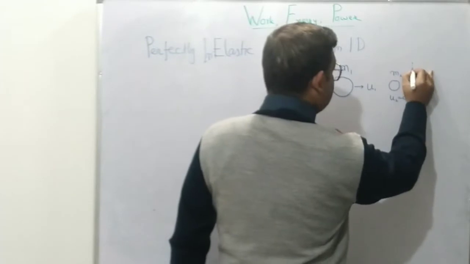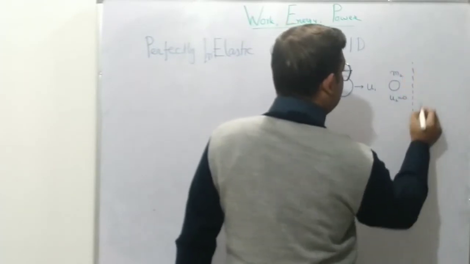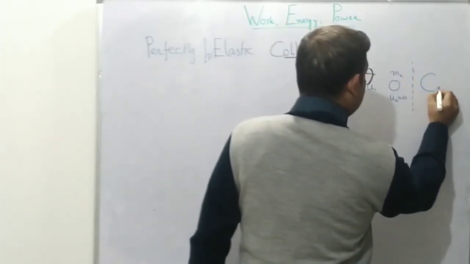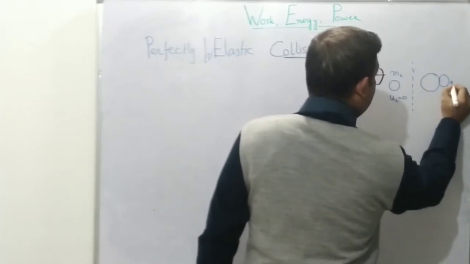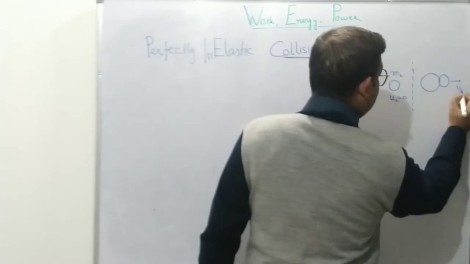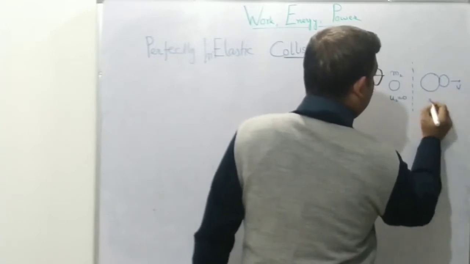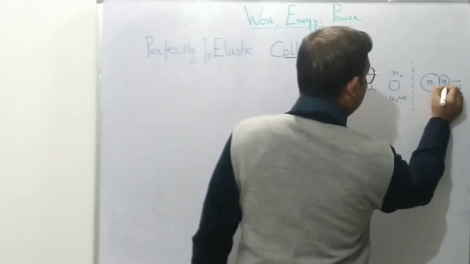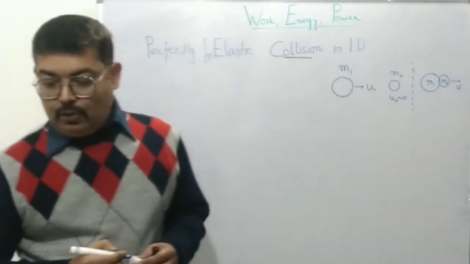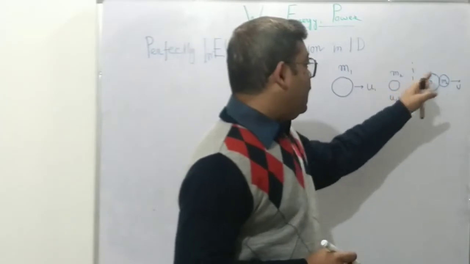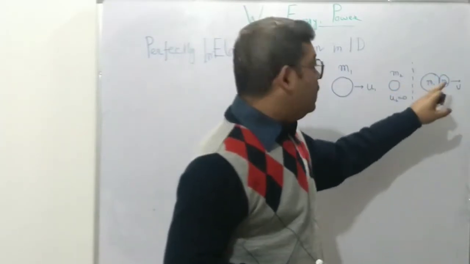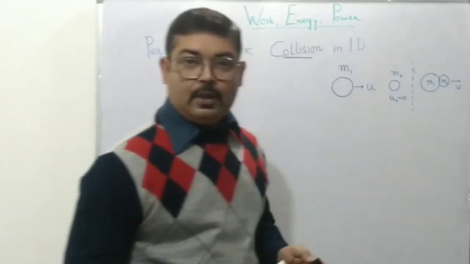After the collision has taken place, the two masses coalesce together and then start moving with a velocity v. This is m1 and this is m2. So this is a case of perfectly inelastic collision. Two bodies collide and then form a single body, and the body moves as a single body afterwards.